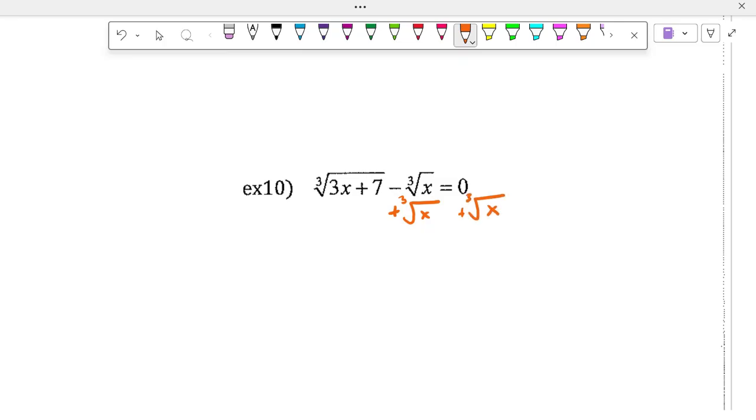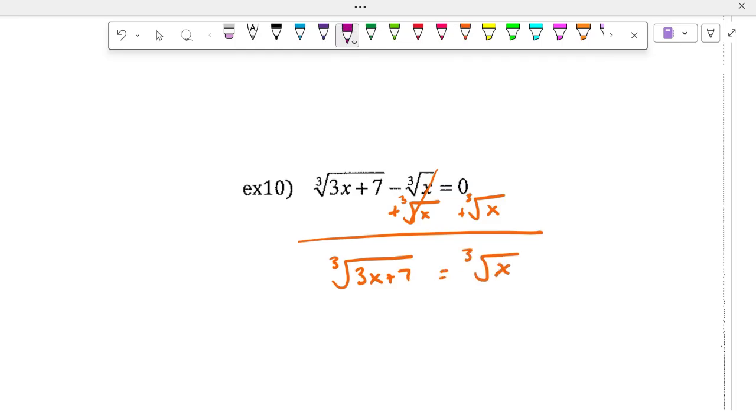which you can totally do. It's just like if you were moving an x squared. So I get the cube root of 3x plus 7 is equal to the cube root of x. Now what can I do to get rid of the cube roots? Cube both sides. So this goes away, this goes away.